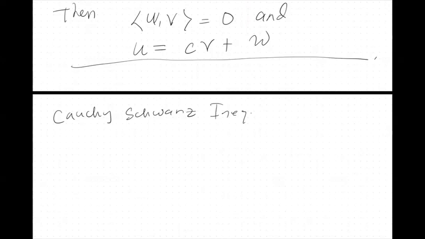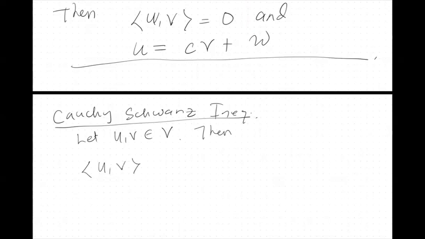Here U and V are elements of an inner product space. Then the absolute value of the inner product of U and V is less than or equal to the norm of U times the norm of V.